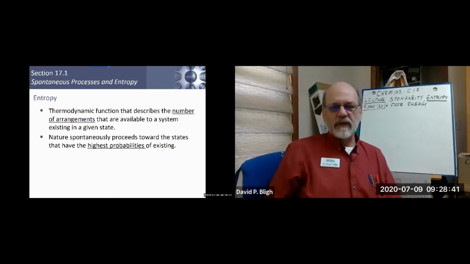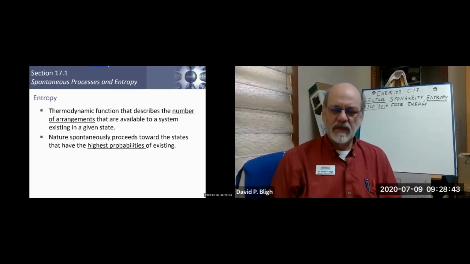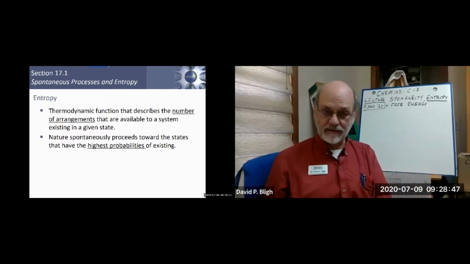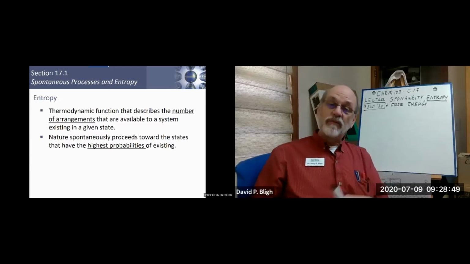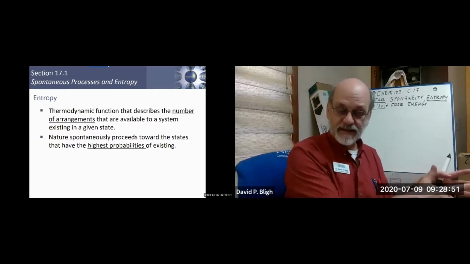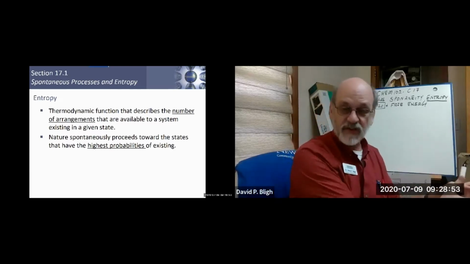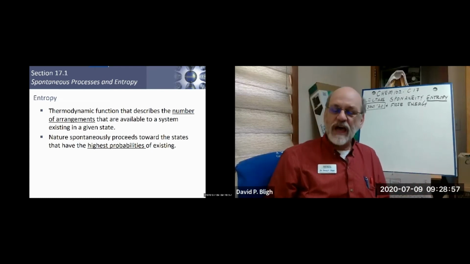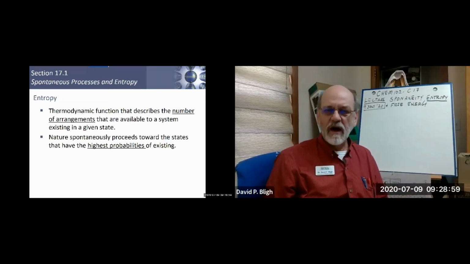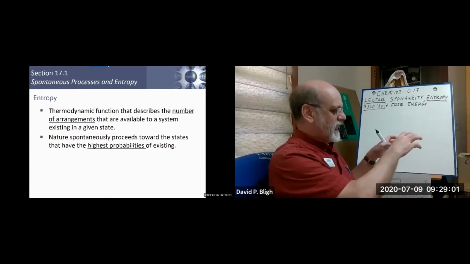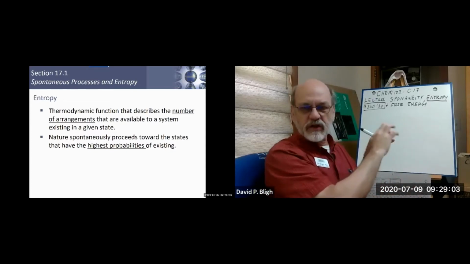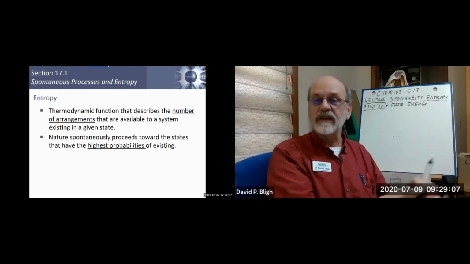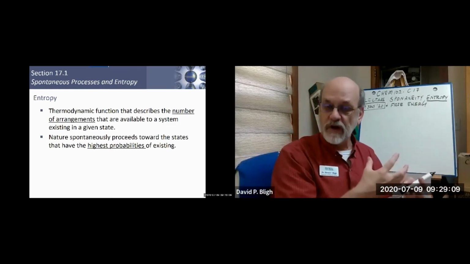In other words, what is the probability of one state versus another state? If the probability is higher for this state, then that's where you're going to find the reaction going. And it turns out the probability of having lots of molecules in a larger volume is higher than having all those molecules in a smaller volume.